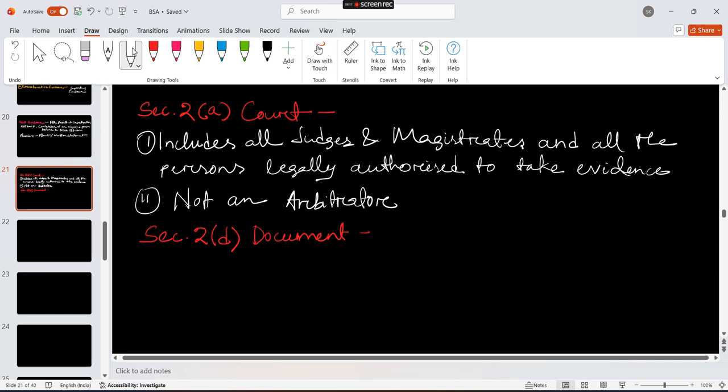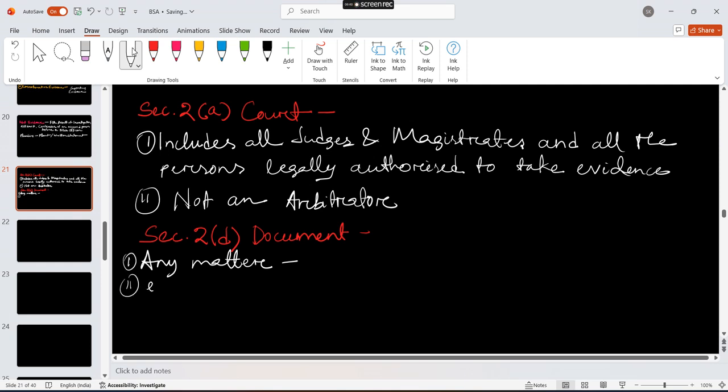So, document means any matter. When we discuss primary evidence and secondary evidence, under those chapters on proof, the definition of document comes into play. So first, any matter.